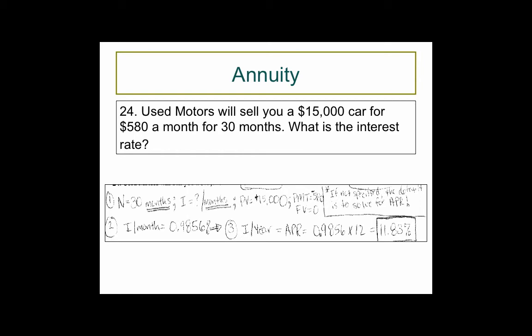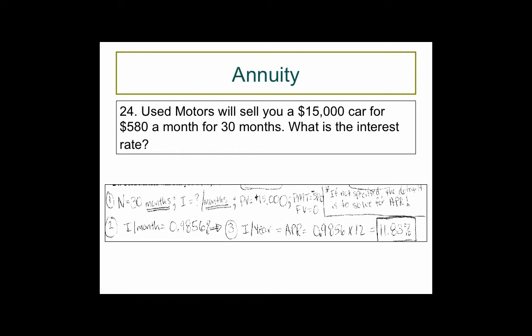You solve for I, you're going to get 0.9856. That's a monthly interest rate multiplied by 12, and you get the 11.83% interest rate. That's a pretty high interest rate on a loan. So obviously, by taking this class, you now know that that would not be the best deal. Make sure you remember that if the problem doesn't specify it, the default is always to solve for the annual periodic rate, not the monthly interest rate.